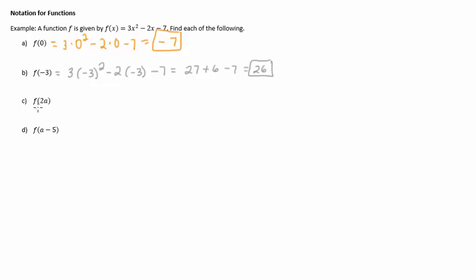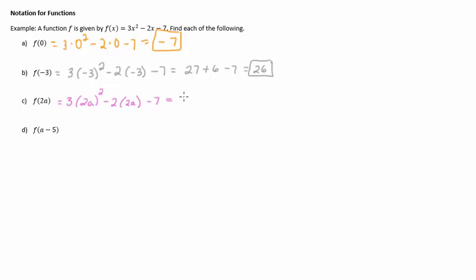So now let's get tricky and plug in something like 2a. So I'm going to have 3 times 2a squared minus 2 times 2a minus 7. Well, 2a squared is, you have to square both things inside of the parentheses.